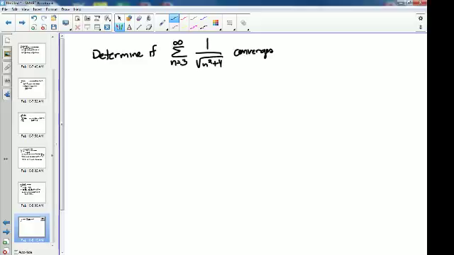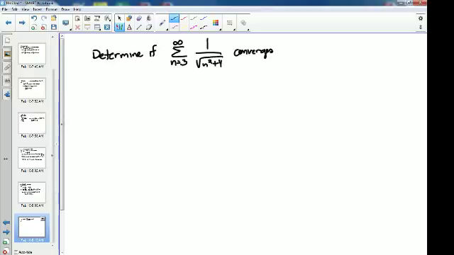Which test do you want to use? The comparison test? That's what you were saying, the geometric one? Possibly.